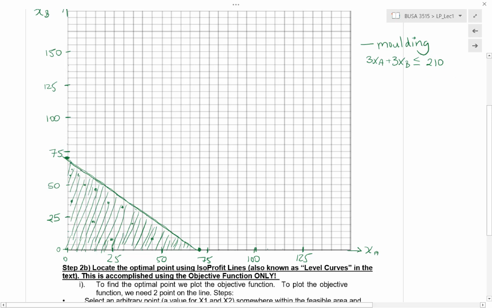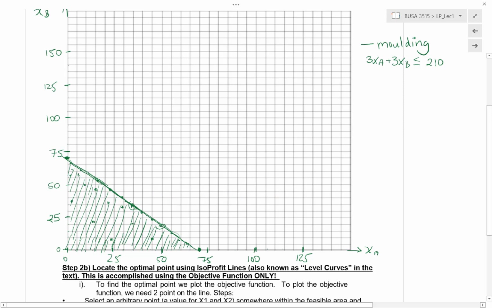If you added up any combination of an XA and XB each times by 3 anywhere on this straight line, then those two sums of those products would be exactly equal to 210. So right on the straight line, you'd have values for the 3XA, 3XB exactly equal to 210. Anywhere in the region below the line, you would have them less than 210.